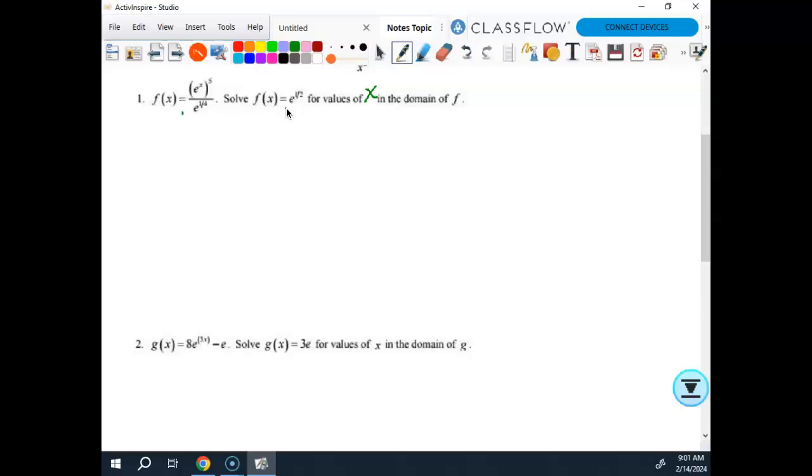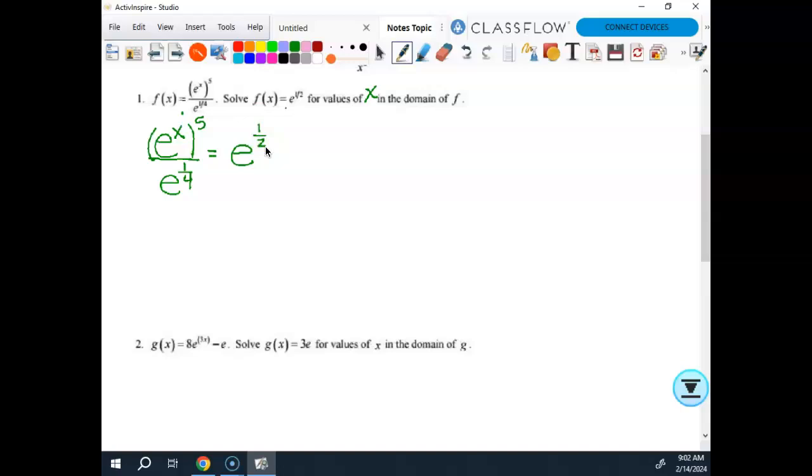Well, this is an exponential, so my domain is all real numbers, right? So I don't have to worry about that. But I'm going to take this, e to the x to the 5th power over e to the 1/4, and I'm going to set it equal to e to the 1/2 power.